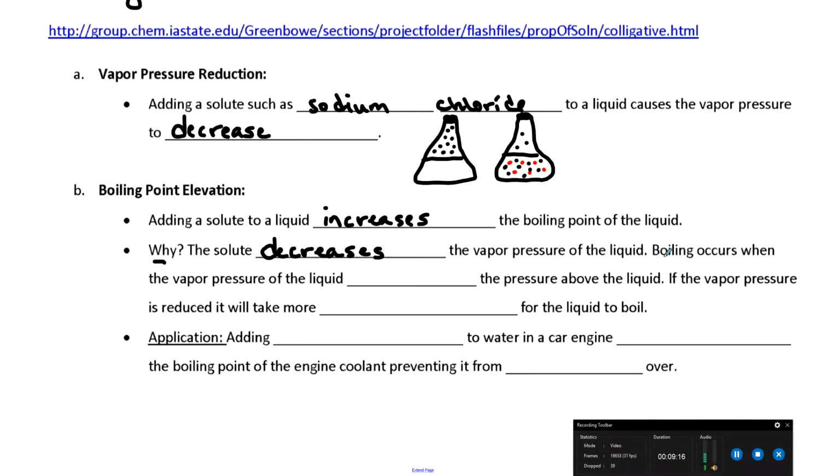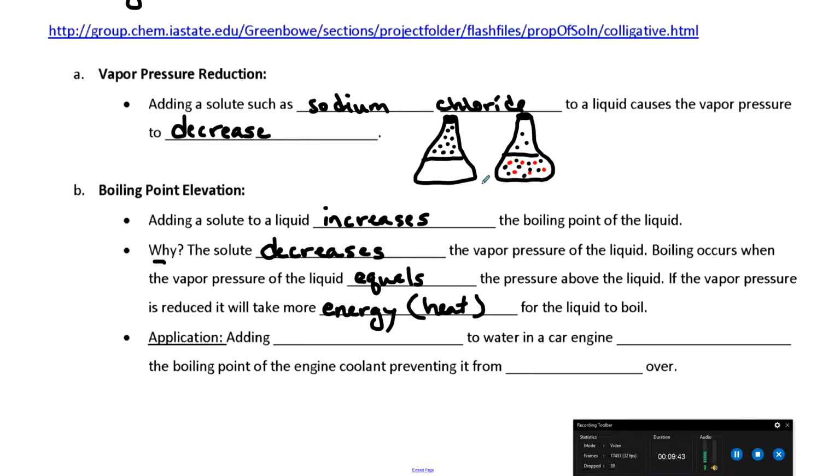And boiling actually occurs when the vapor pressure of the liquid equals the pressure above the liquid, or like the atmospheric pressure. So if the vapor pressure is reduced, it will take more energy in the form of heat for the liquid to boil.